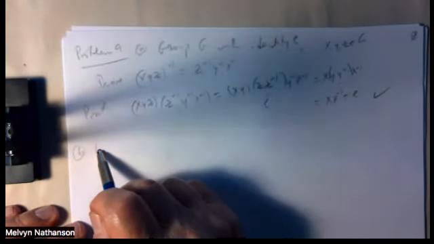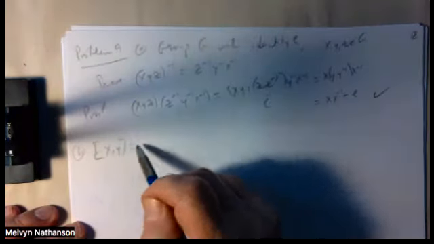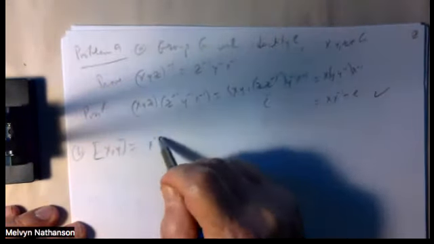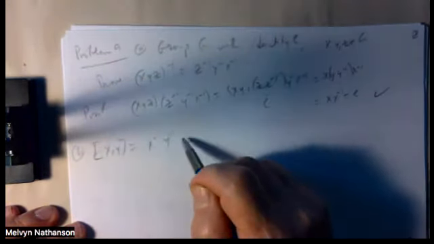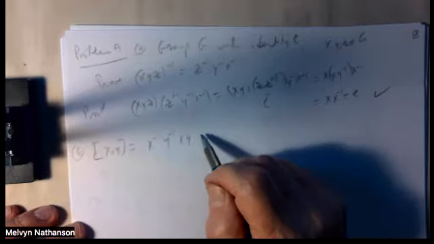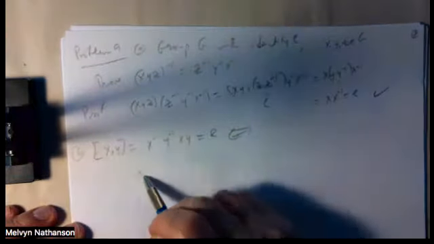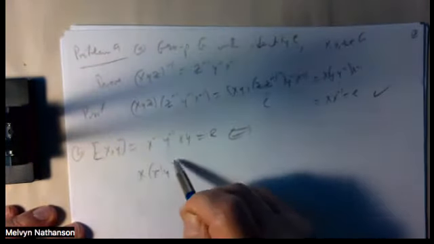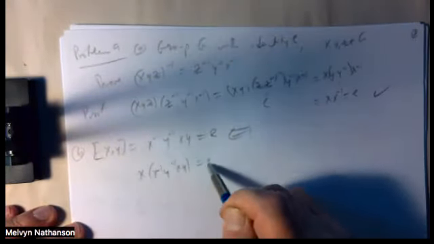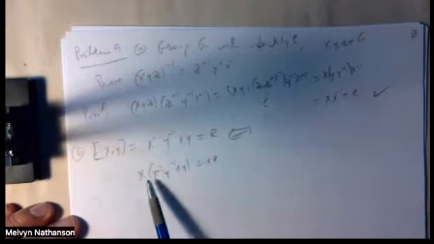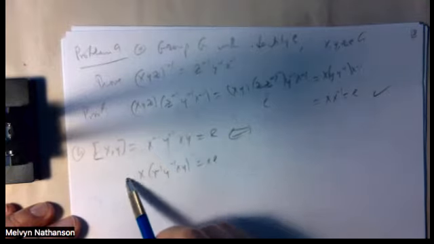In part B, we have what is called the commutator of the elements X and Y. This is defined to be X inverse, Y inverse, XY. If that's equal to E, then if I multiply both sides by X, I get X times X inverse, Y inverse, XY is X times E. But here the X and the X inverse cancel.